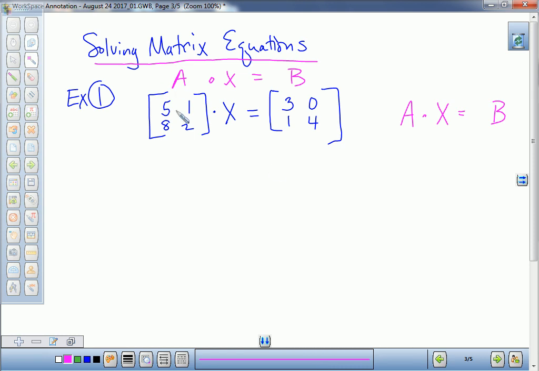So we can't just divide by A, because if we had 2x equals 5, we would just divide by 2. But we can't do that in the world of matrices. So we need this to go away.